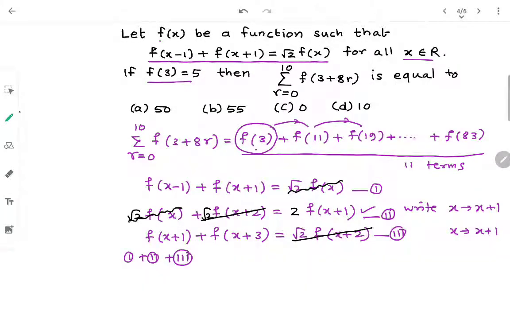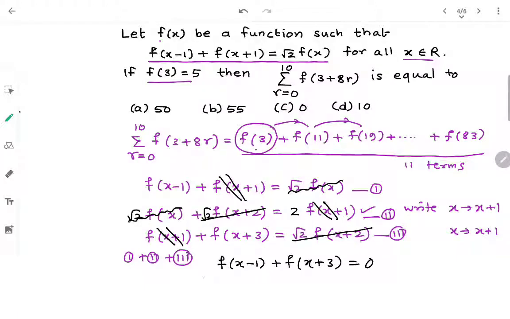Here we have twice f of x plus 1 on both sides, so that is also cancelled. So what we ultimately get is f of x minus 1 plus f of x plus 3 is equal to 0.